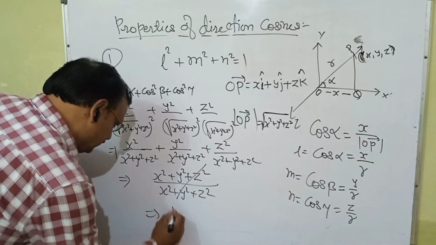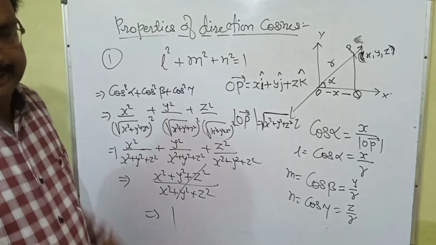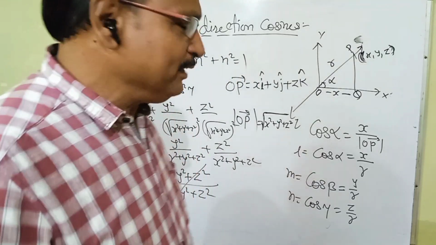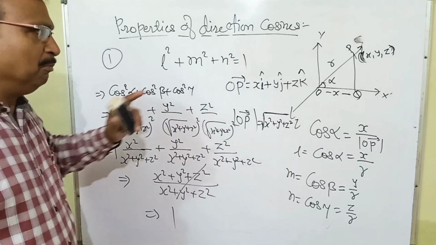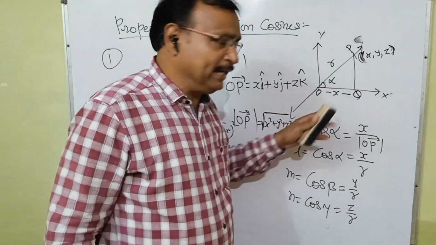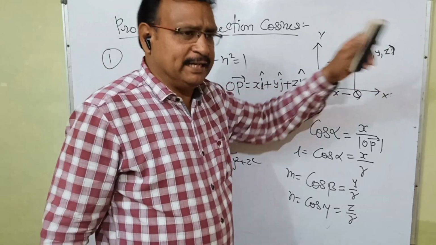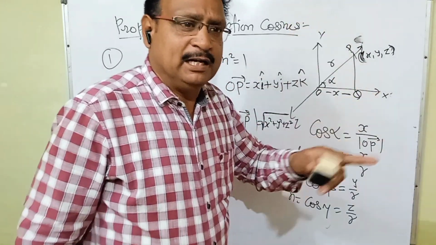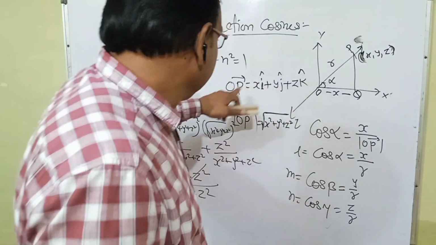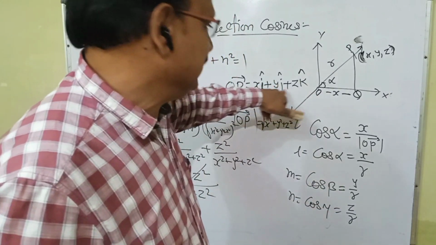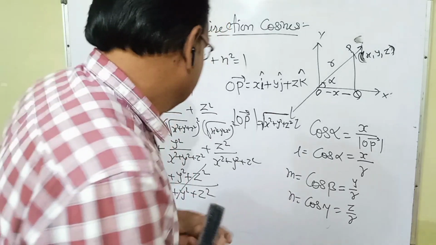Cancel out, it is equal to 1, which is our right hand side. So we see that l square plus m square plus n square is equal to 1 in the three-dimensional Cartesian plane, where x, y, z are the coordinates of point P. Then we can express OP vector as x i plus y j plus z k.